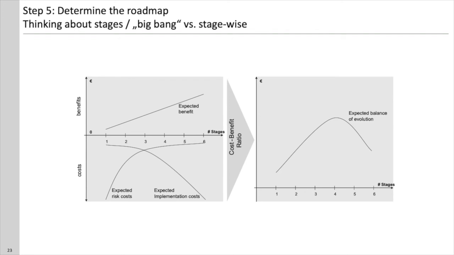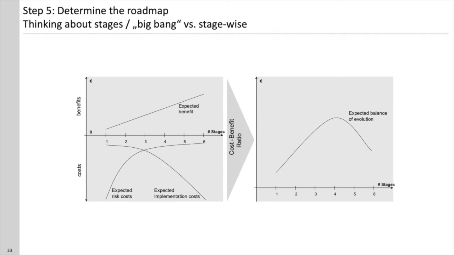Only one stage. This is the Big Bang. The implementation costs, you see this as one curve, are the lowest for that scenario because staging takes effort. We need to look for technical bridges, technical intermediary solutions, and so on. So if we only have one stage, the expected implementation costs are the lowest.